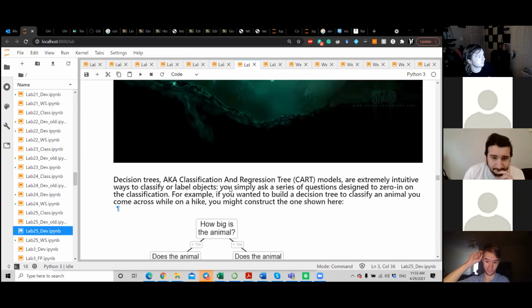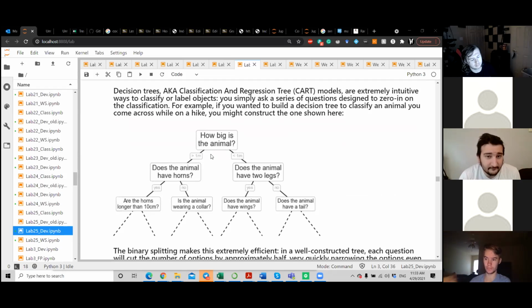For example, let's say that you're going to use a decision tree to classify an animal that you come across while on a hike. The first question is going to be, how big is the animal? If it is less than 1 meter, we are going this way.